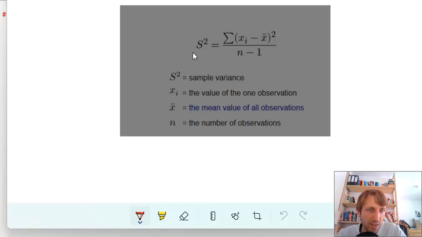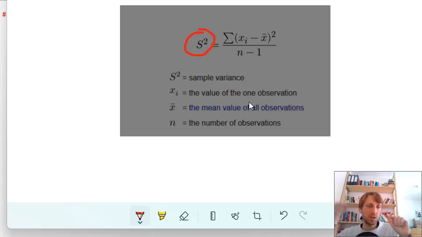The standard deviation is simply the square root of the variance, noted here as S to the power of 2. And what does it mean? The variance is about how much the data deviates.